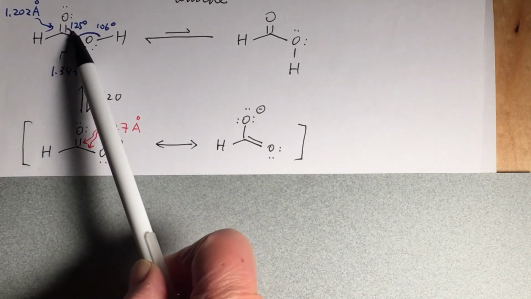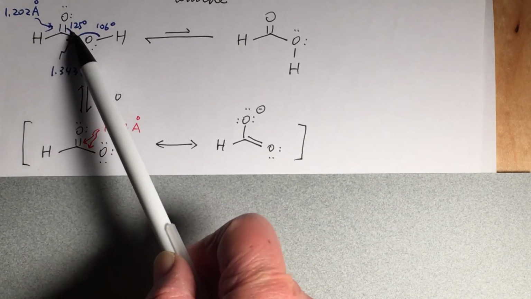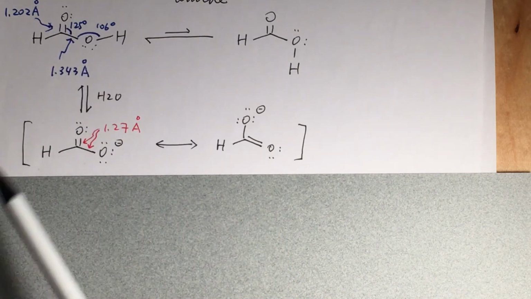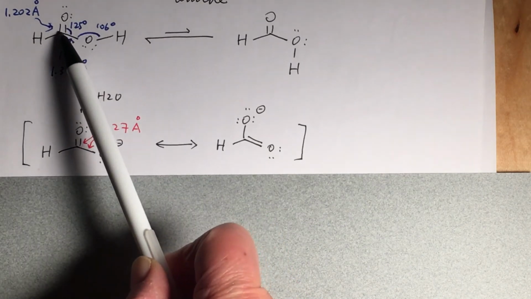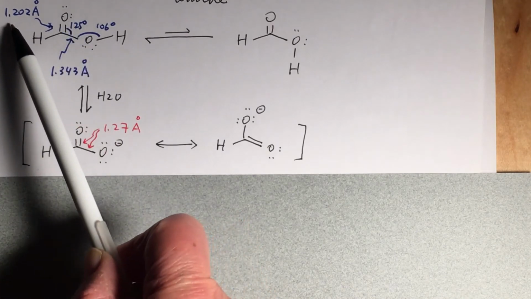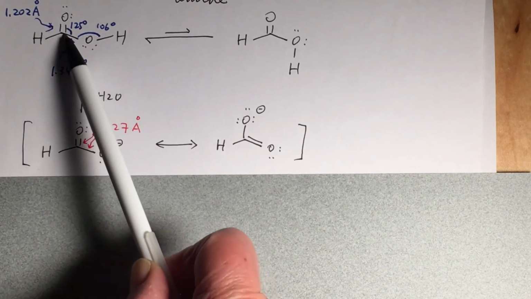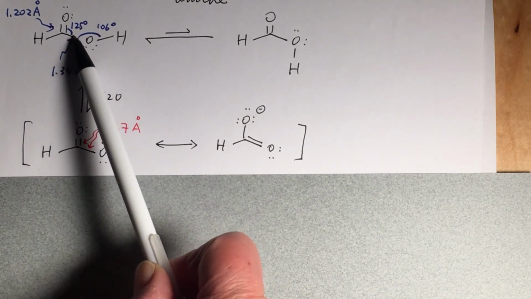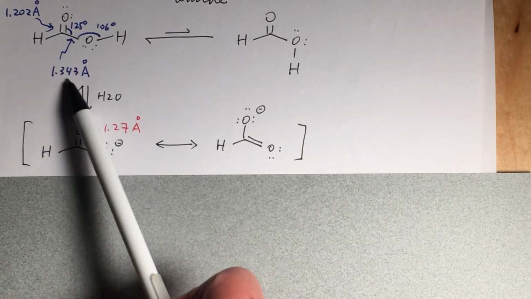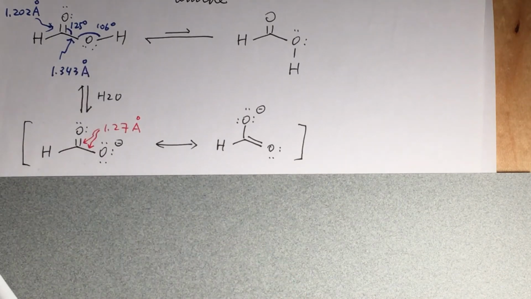Therefore, the bond angle is close to the sp2 bond angle, 125 degrees, and the carbon is double bonded with an oxygen with a 1.202 Angstrom bond length, and this carbon is also single bonded with an oxygen with a 1.343 Angstrom bond length.